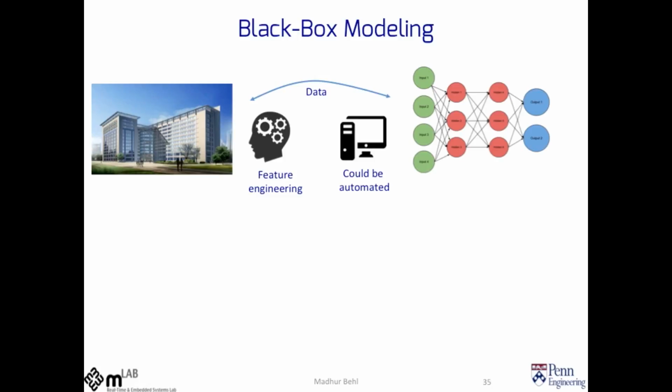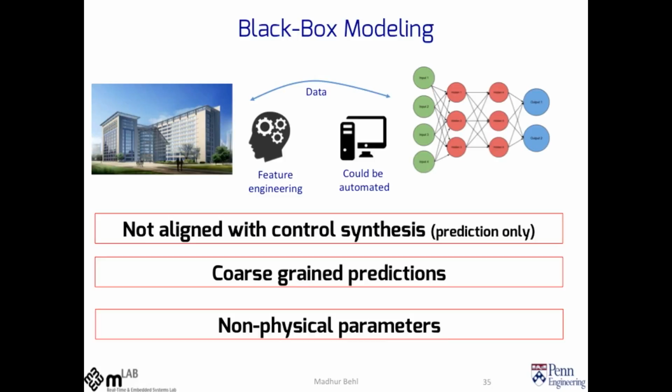However, the downside of using just any black box model is that it's still not suitable for control synthesis. Although these models are really good at predicting aggregate power consumption, something like a neural network is still not very suitable for figuring out the operating conditions of the HVAC systems. And usually they are used for coarse-grain predictions of the building energy consumption.